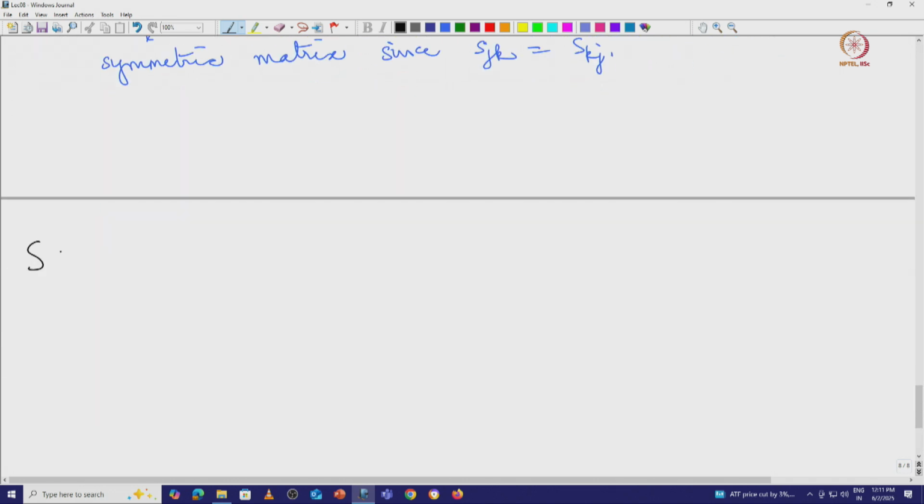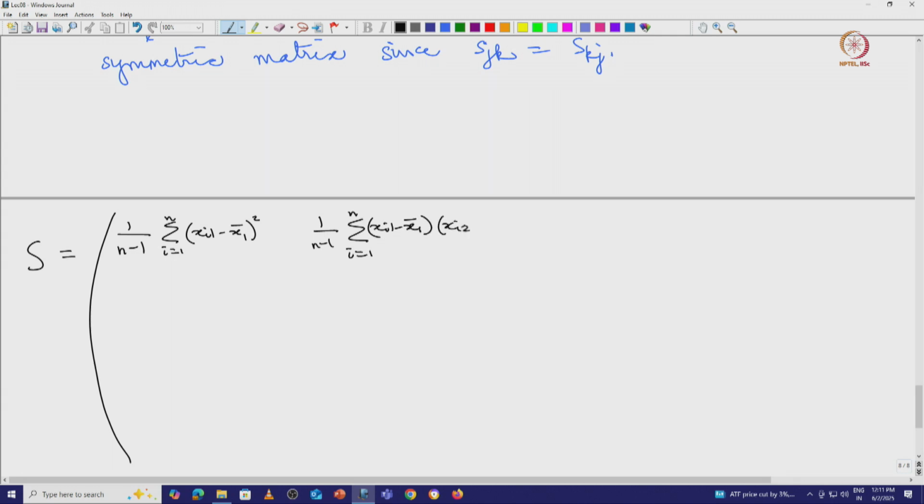This matrix S is essentially a huge matrix, where there is 1 over n minus 1 sum i going from 1 to n of (x_i1 minus x1 bar) whole squared, then 1 over n minus 1 sum i going from 1 to n of (x_i1 minus x1 bar) and (x_i2 minus x2 bar), and finally the last entry in the first row will be 1 over n minus 1 sum i going from 1 to n of (x_i1 minus x1 bar)(x_ip minus xp bar).